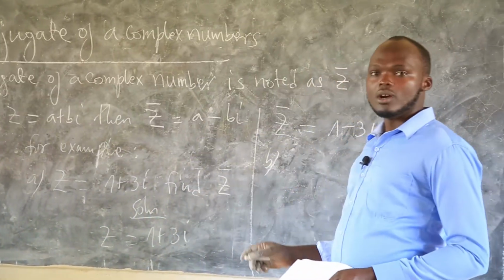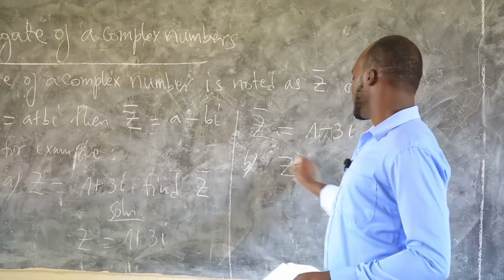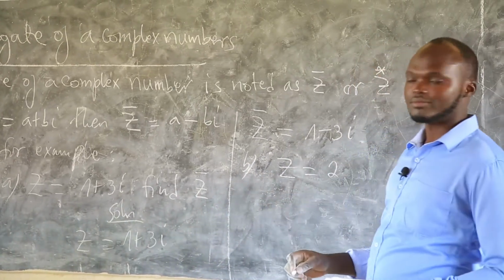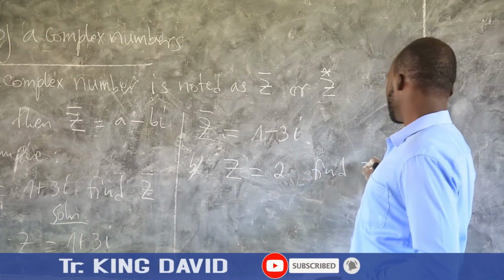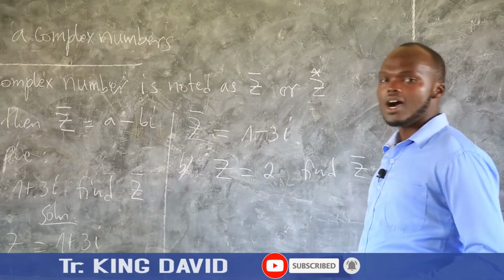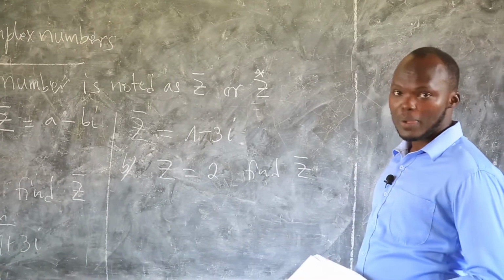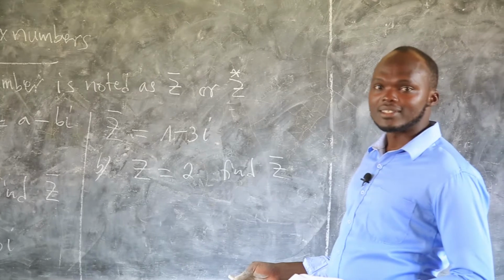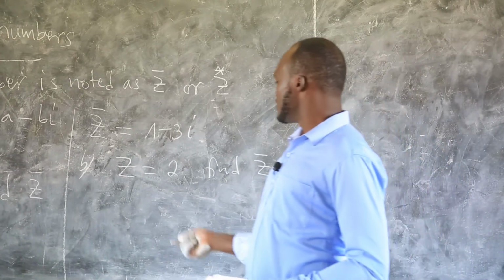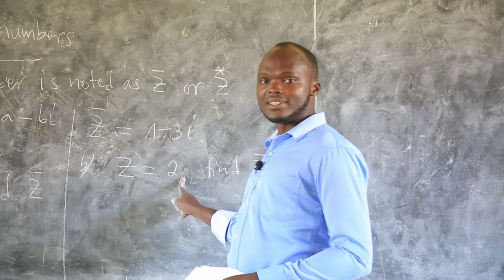B, we have Z equal to 2. Then, what is its conjugate? How can we find the conjugate of that Z? I told you that only the imaginary part is the one to change. So do we have an imaginary part here? Our imaginary part here is 0.